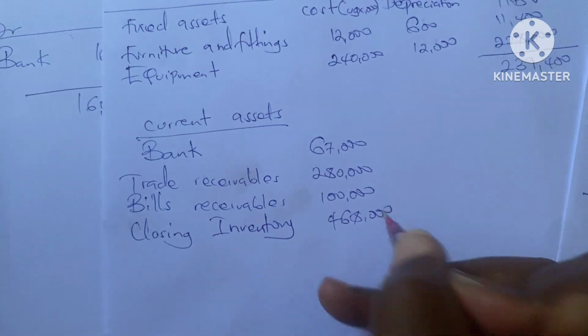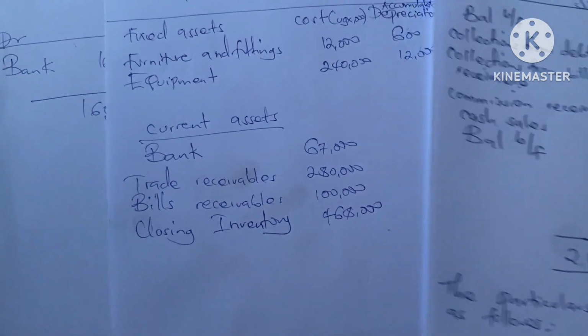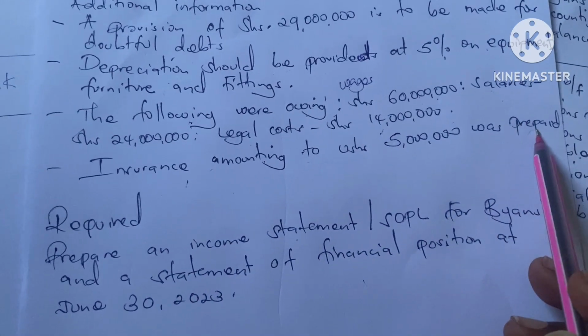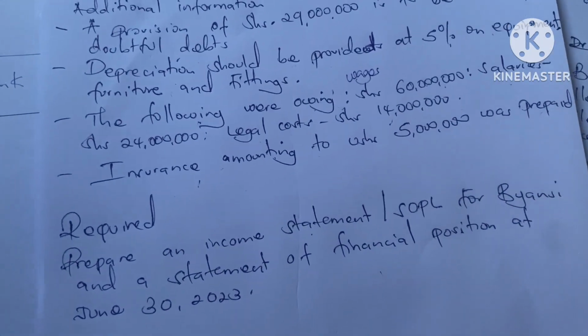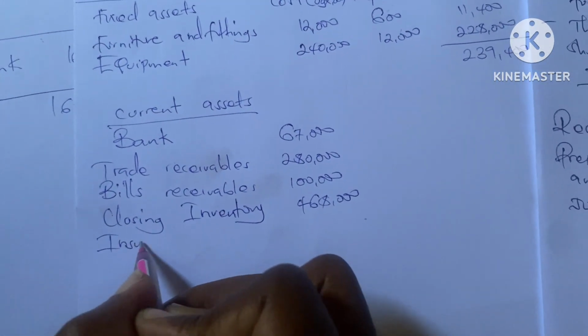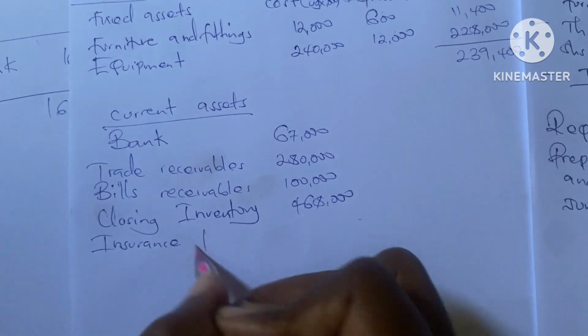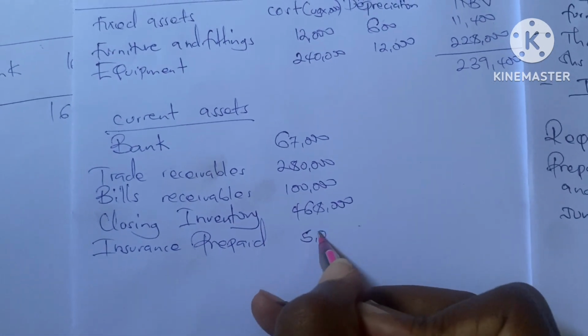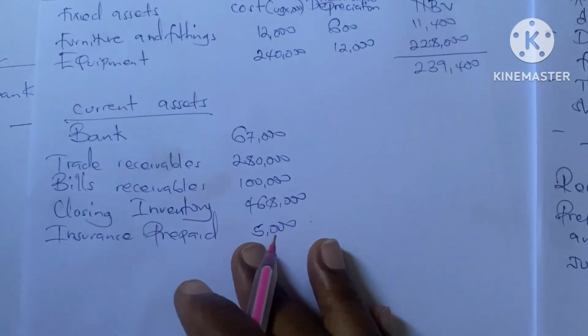Then according to our additional information, we had insurance that was prepaid. Any prepaid expense is regarded as a current asset. So insurance prepaid of 5M, like that.